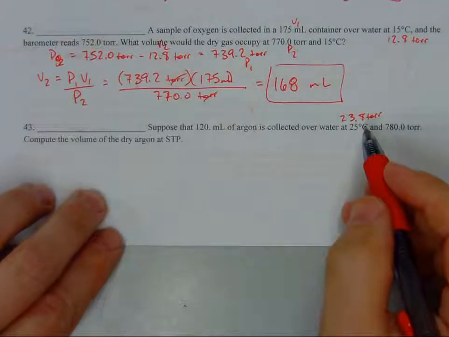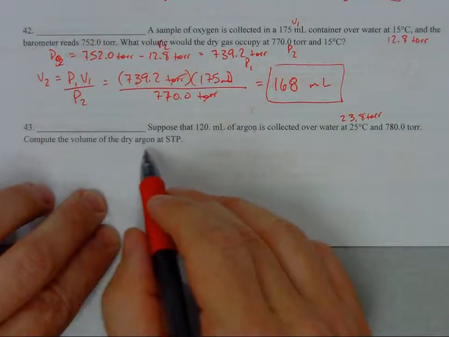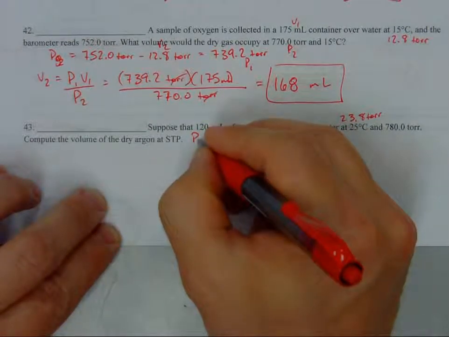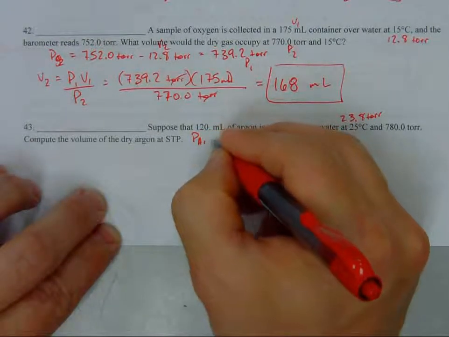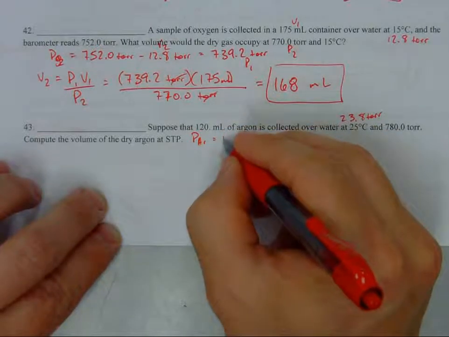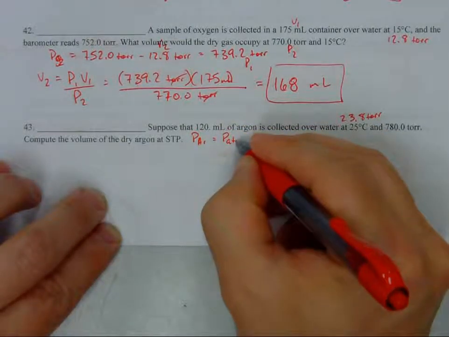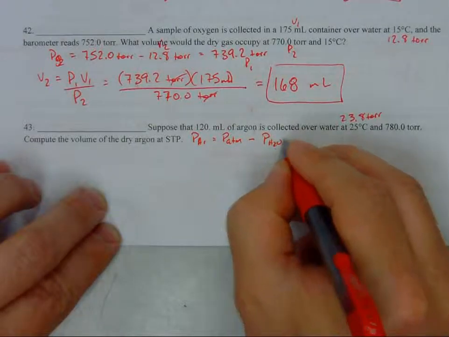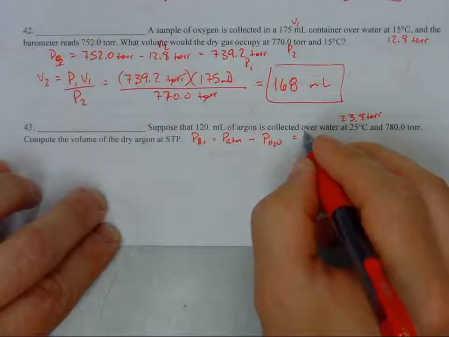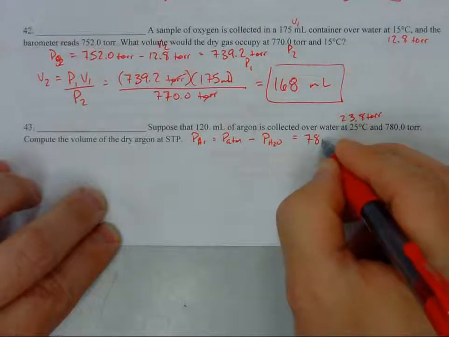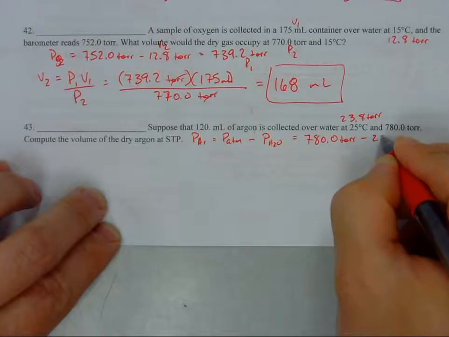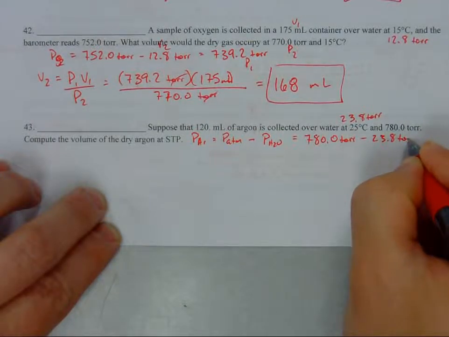All right. And so if we're going to calculate the volume of that argon, the pressure of argon is equal to the total pressure minus the pressure of H2O, which ends up being 780.0 torr minus the 23.8 torr.